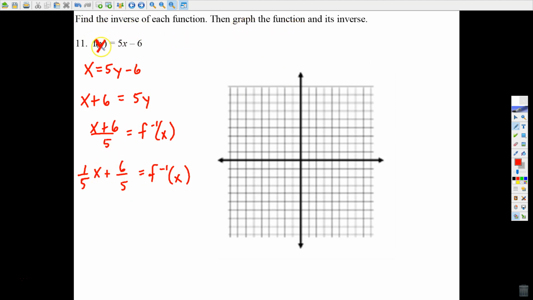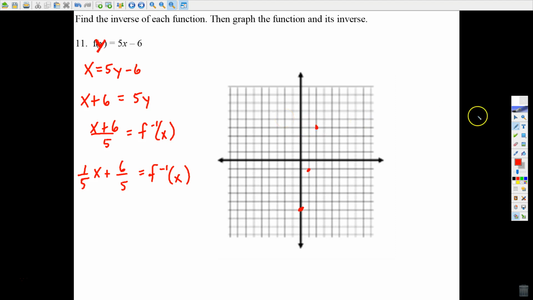Now let's graph both the function, which is given, and the inverse on the same coordinate plane. So this is a line. X to the first means it's going to be linear. So here's my y-intercept, negative 6, and slope of 5. Up 5, right 1.